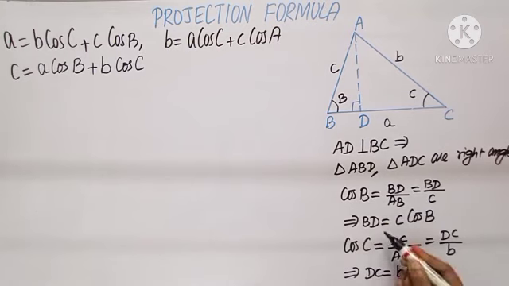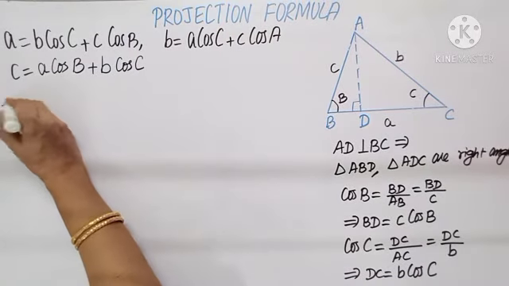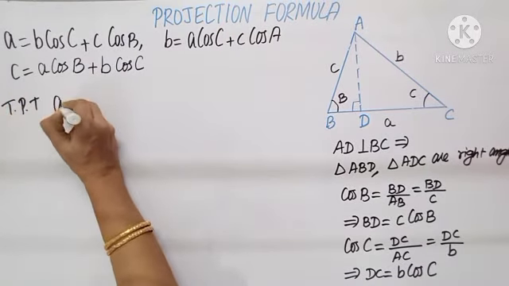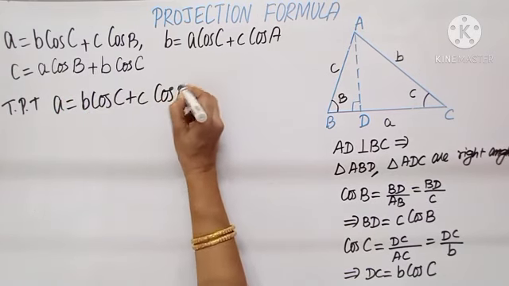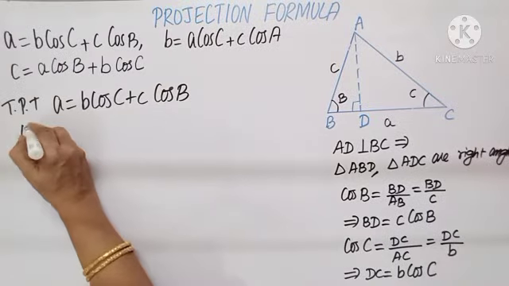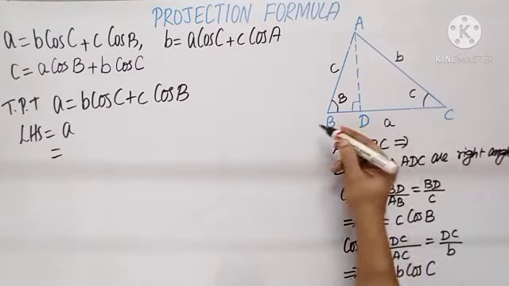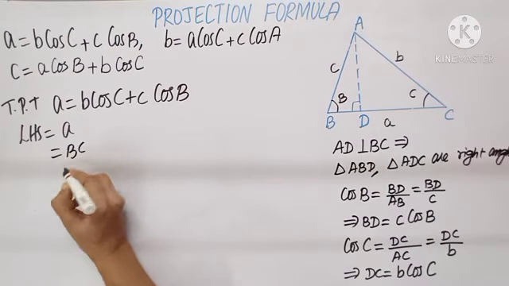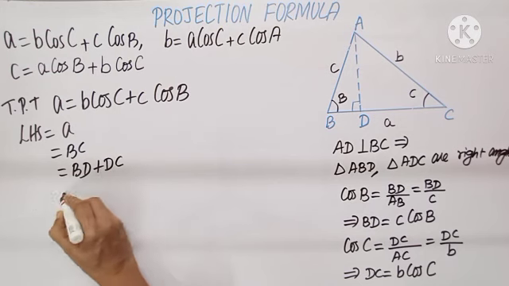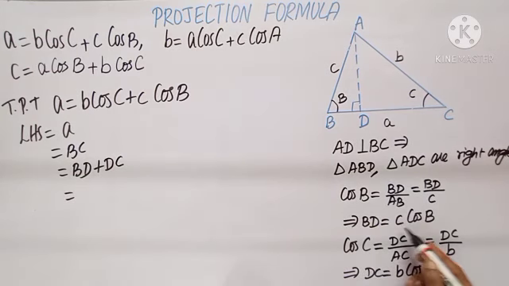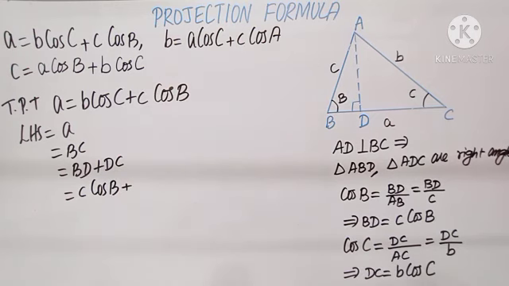Why do I find these two? My question is to find a. So to prove that a equals b cos C plus c cos B, let me start from the LHS, that is a. What is a actually? Side BC. BC can be written as BD plus DC. What is BD? We have done, c cos B. And what is DC?